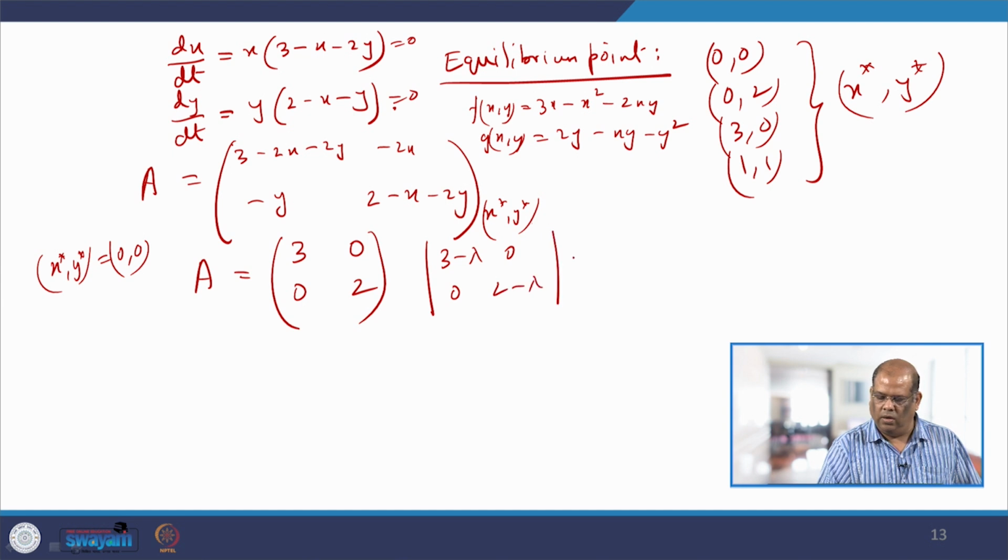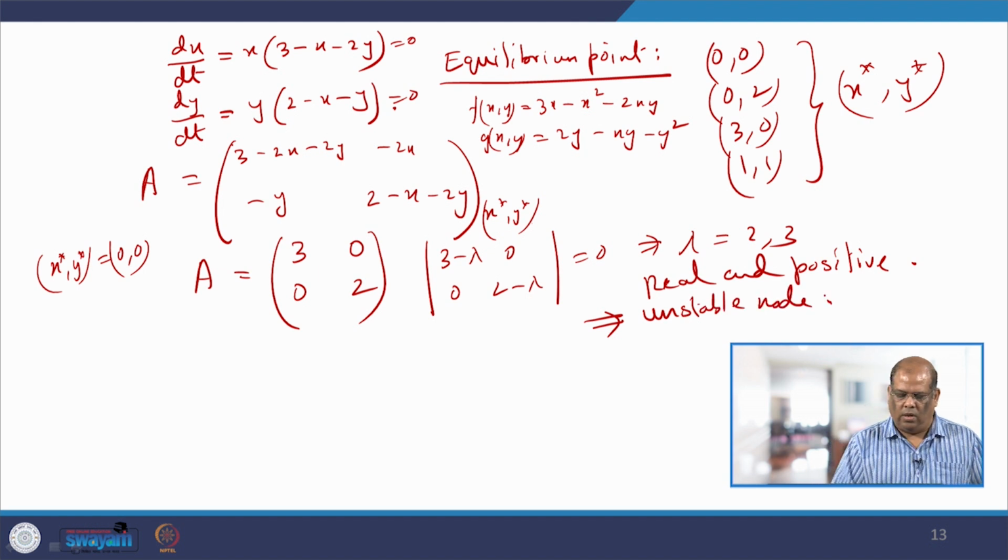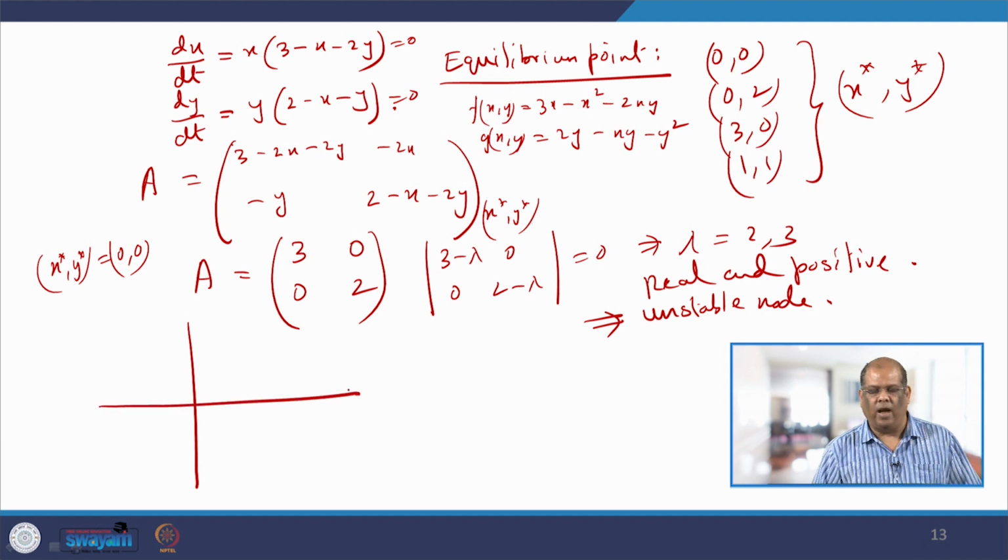and clearly the eigenvalues are 2 and 3. So, they are real and positive, and hence it is an unstable node. If you want the phase portrait or phase plane diagram, you choose 4 initial points.